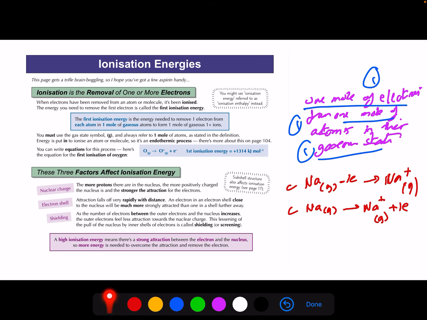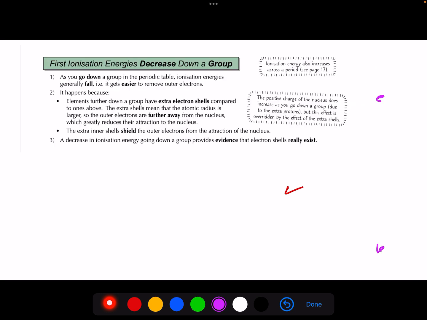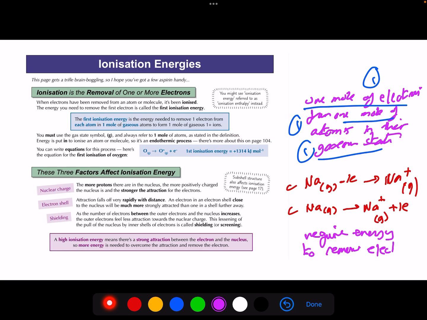I don't need to remind you, guys, that ionization energy is an endothermic process because you require energy to remove electrons. So it is an endothermic process indeed. All right, so equation, how to write the equation, definition, done.